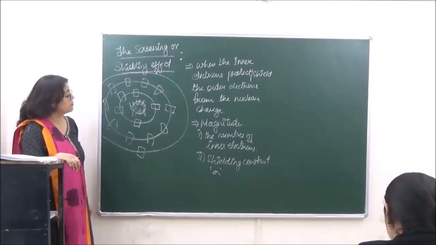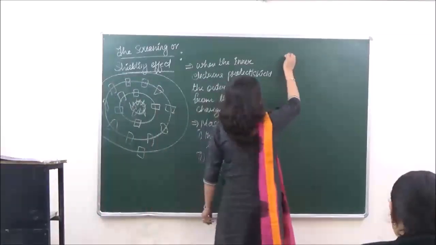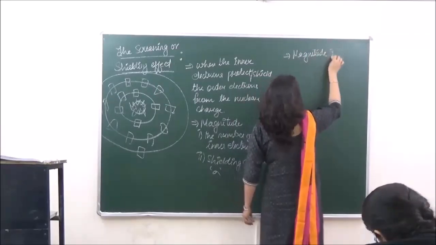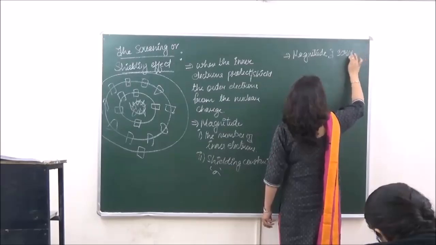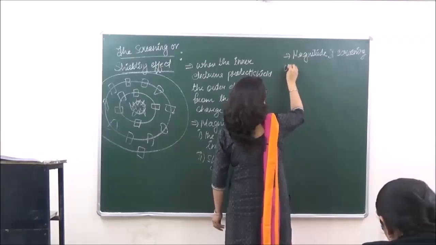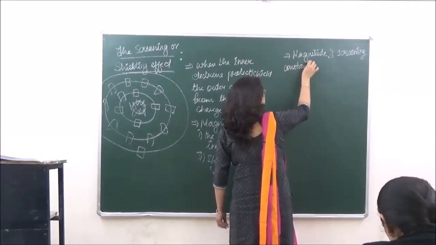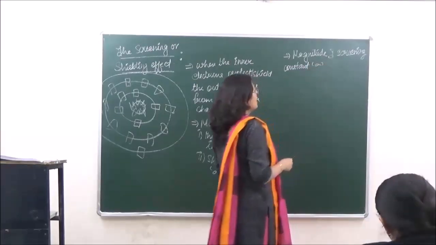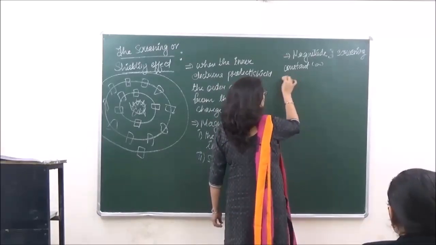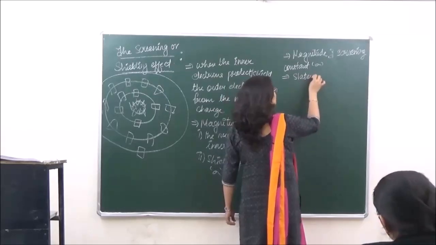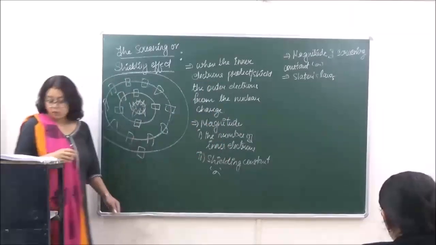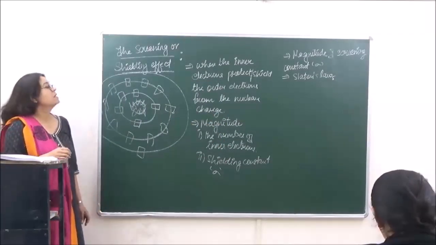The magnitude of screening constant, that is sigma, is calculated on the basis of a set of laws which are known as Slater's laws.